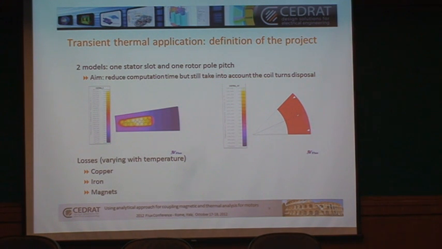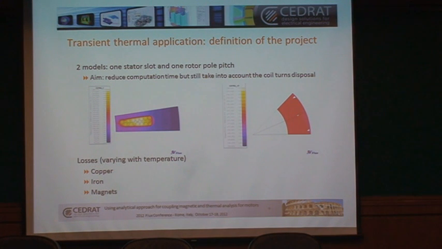We have some iron losses inside the stator. And inside we have eddy current inside the magnet, eventually. And some losses inside the lamination itself, but very little, because in those types of machine we have little. And the losses vary with the temperature: copper, iron, and magnets. That's what I just said.